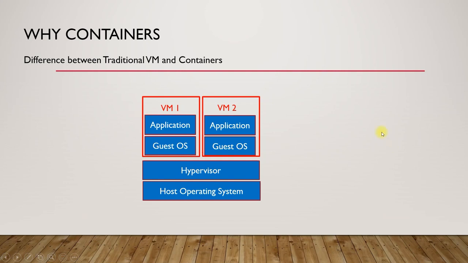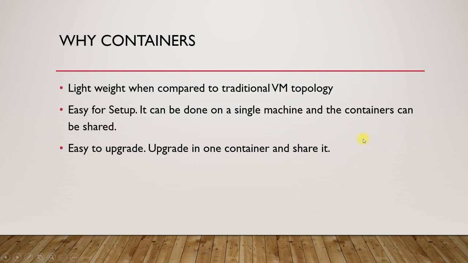In order to avoid that, we have an option called containers. As we saw in the previous slide, this is why we need containers. By using containers, we can completely avoid the VMs and have just a container. This container consists of only the things which are required.